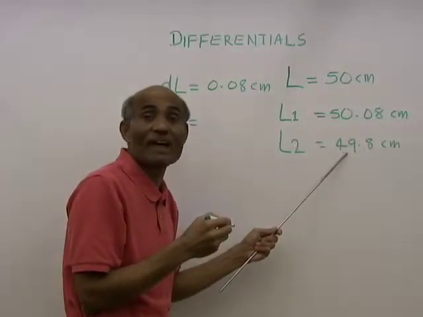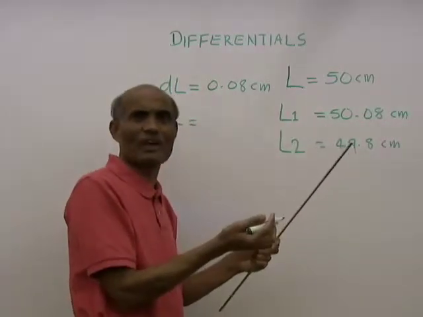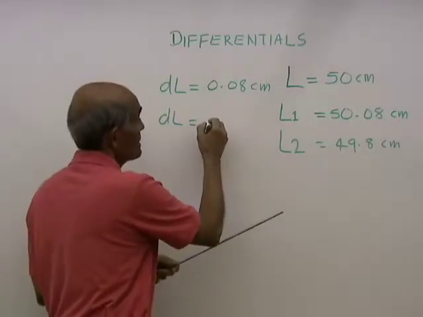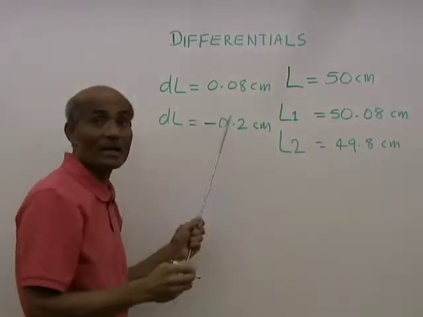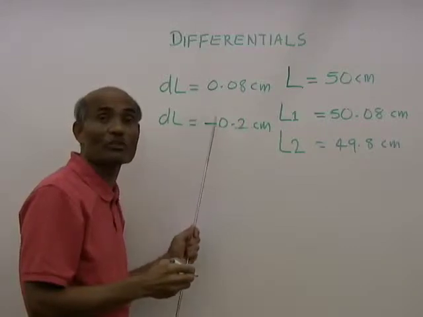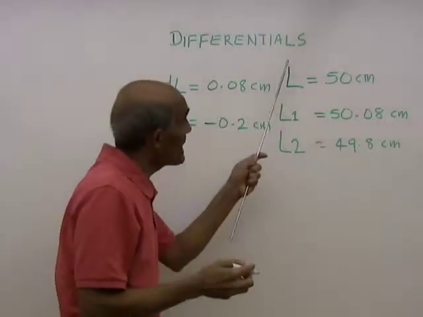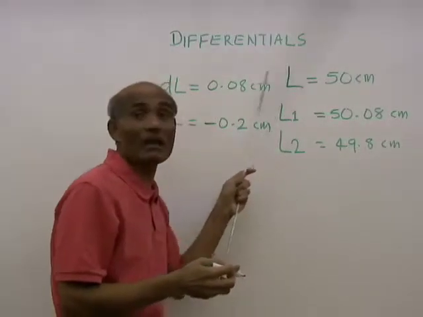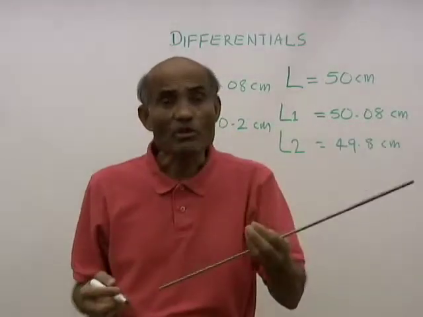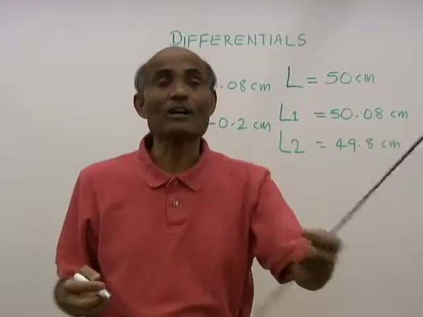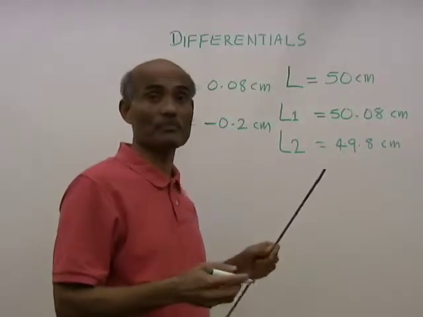The measured value is 49.8. The student got less than the actual value. And so we would say DL is negative 0.2 centimeter. An error can be positive or negative. And so we will say the differential of L is DL. DL is the error that can occur in making a measurement of the length L.